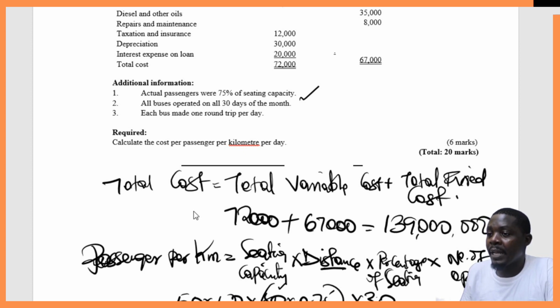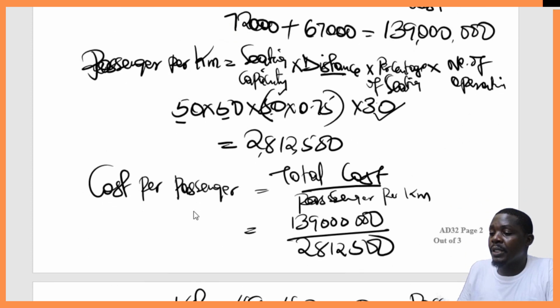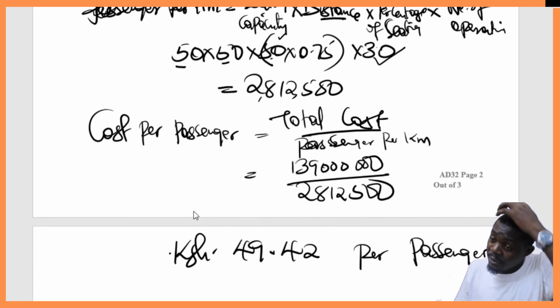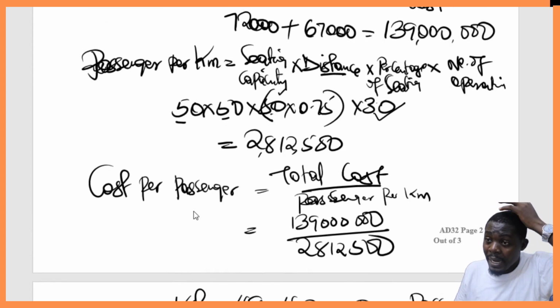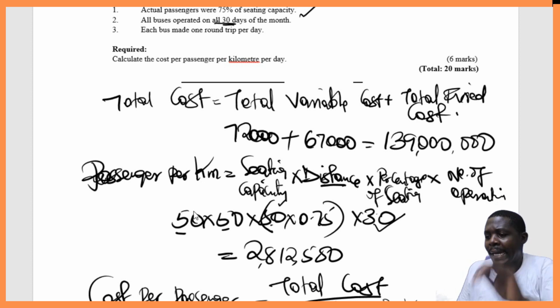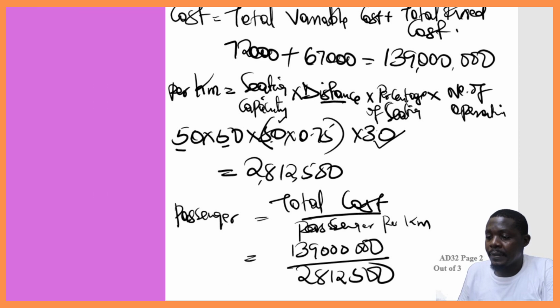We multiply by the 30 operating days, and then we zero down to the cost per passenger per kilometer per day, which is 49.42 shillings.